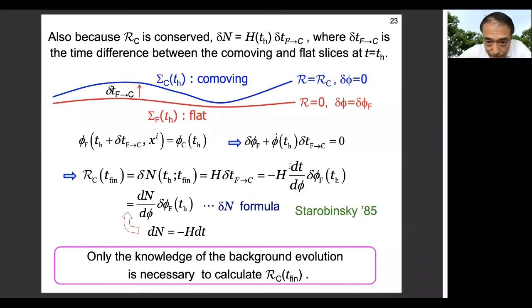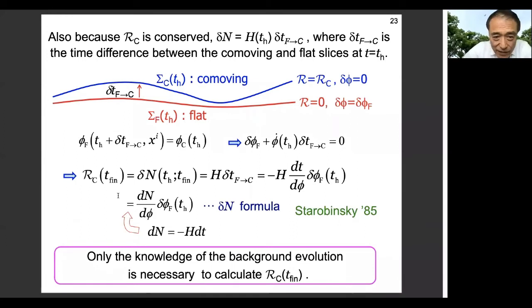Now, if you look at the original definition, n is the number of e-folds counting backwards in time. So this means that dn is minus Hubble times dt. Now, here you have this minus Hubble times dt. So this actually is dn over d phi multiplied by delta phi f. So that's the end of the story.